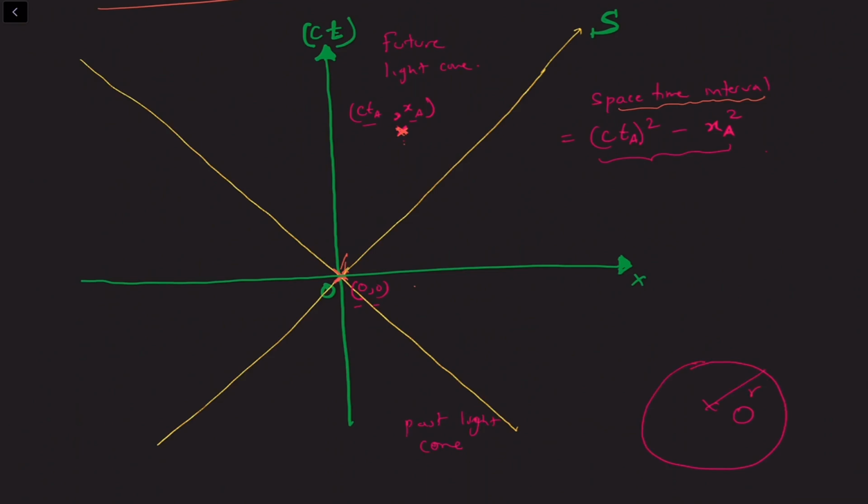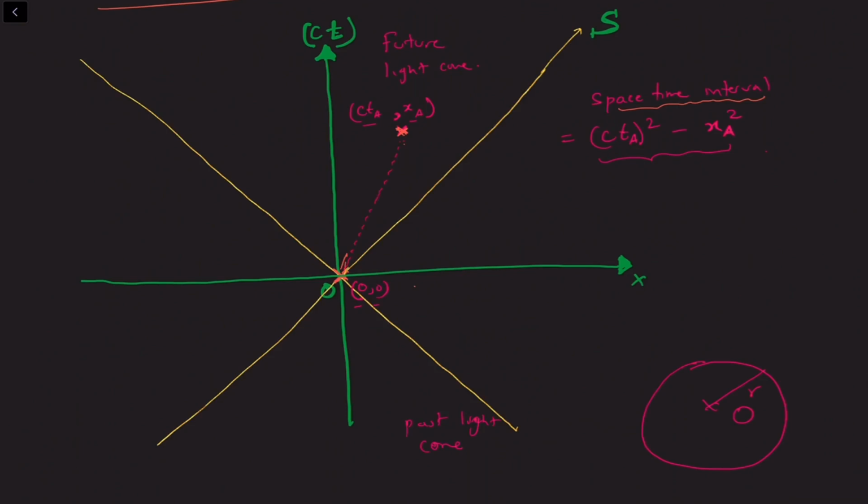Now we can ask, in this Minkowski spacetime, or with the Minkowski distance measure, what is the set of all points that have the same distance, or what is the set of all spacetime points that have the same spacetime distance from O?